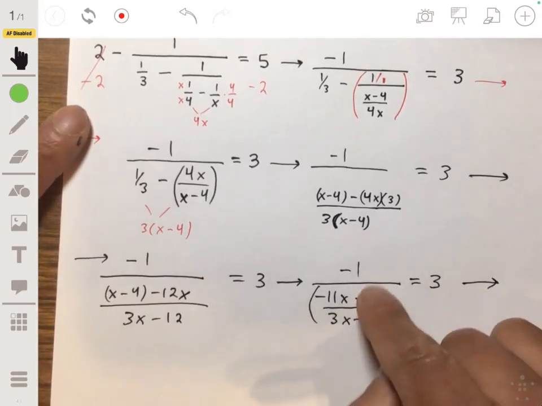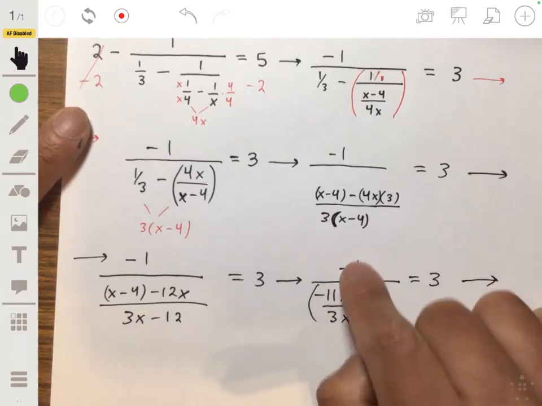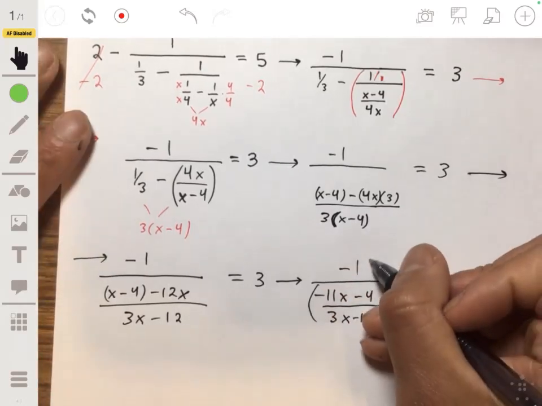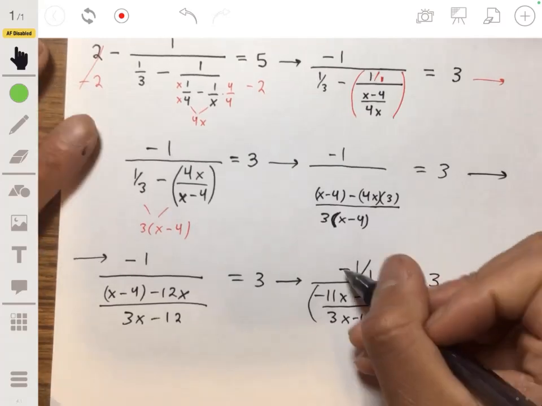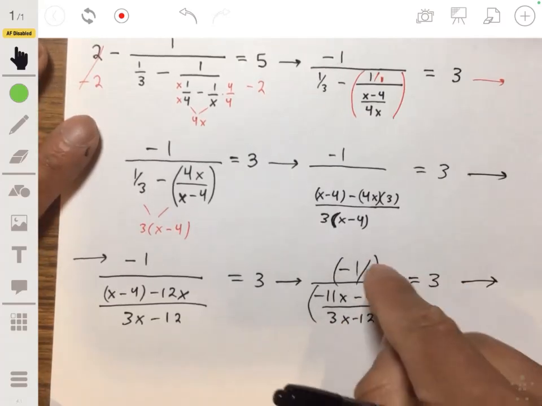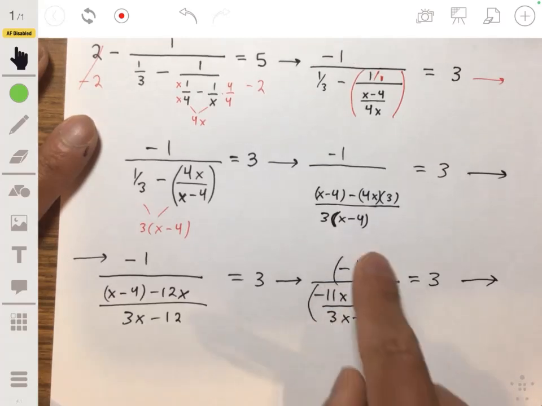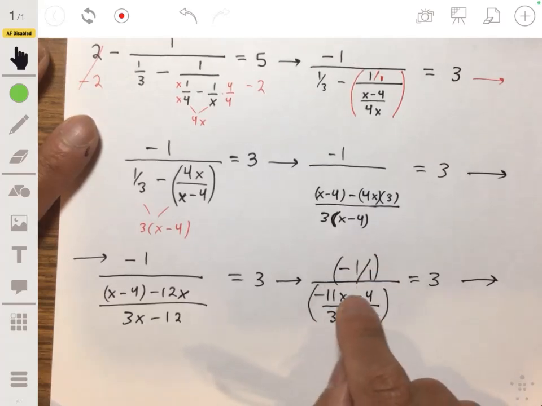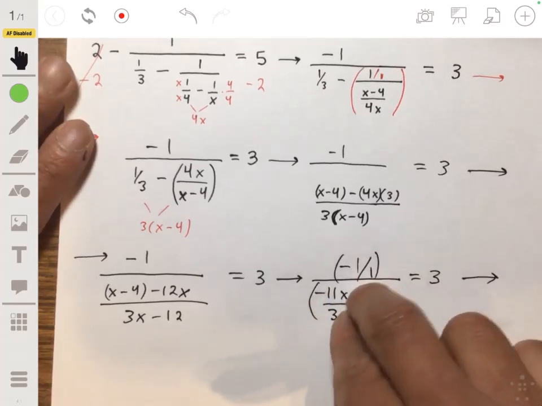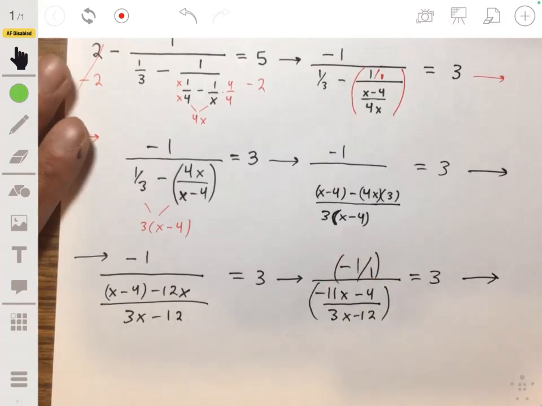And then again, we're going to multiply these two fractions. -1 is the same as -1 over 1, multiplied by the reciprocal of this. So we're going to have -1 over 1 times 3x minus 12 over -11x minus 4. So we're just flipping this one essentially, since this is negative.